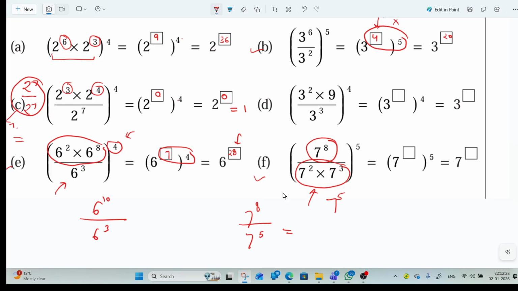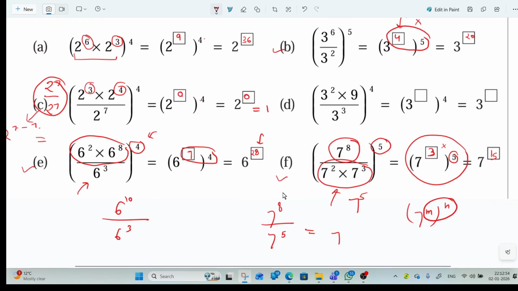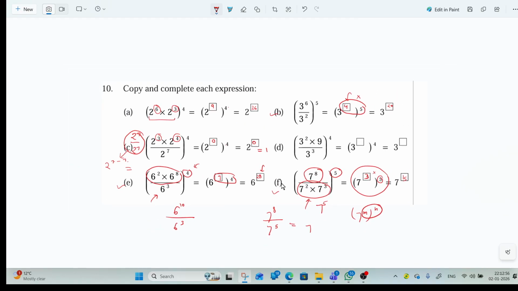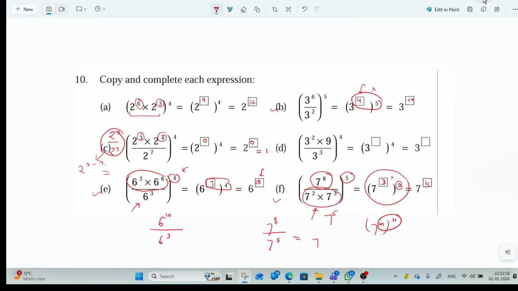How much is that? 3. Very good. Now you have 5 outside, so times this. 3 times 5 is 15. So you get 15, right? You know this multiplication rule: if there is one number and another, you just need to multiply, right? Is that clear? These are important questions.